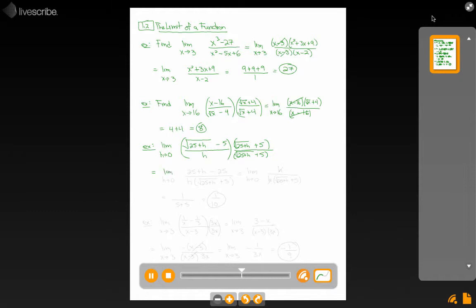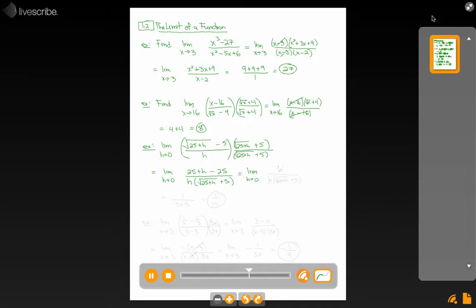It gives me the limit as h approaches 0 of, on the top I'm going to have 25 plus h minus 25, since 5 times 5 is 25. On the bottom, again, don't bother multiplying it out. You're going to have h times this square root of 25 plus h plus 5 factor. On the top, what does that give me? It just gives me an h.